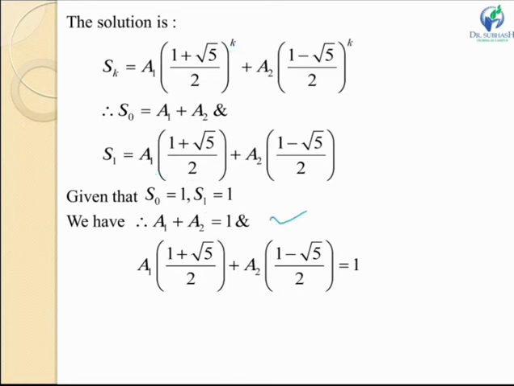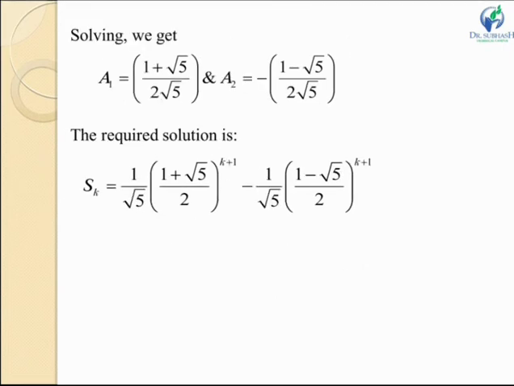So we have these two equations over here. I will solve them by the elimination method and I will get the values of A1 and A2. A1 will be (1 plus root 5) upon 2 root 5 and A2 equal to minus (1 minus root 5) upon 2 root 5.